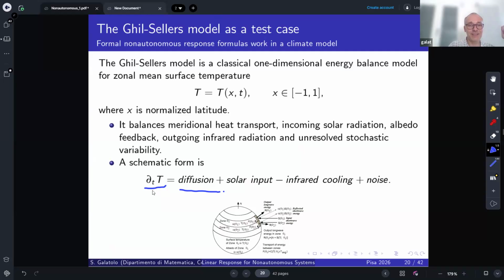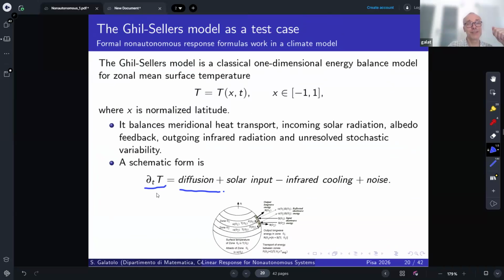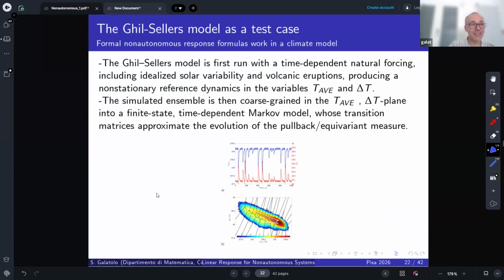This is a kind of partial differential equation. So the original model is quite complicated. But what Lucarini actually did is a simplification. He checked the response formulas in a simplified model for the climate, which is made like this. Let me show. He takes a kind of finite dimensional reduction.